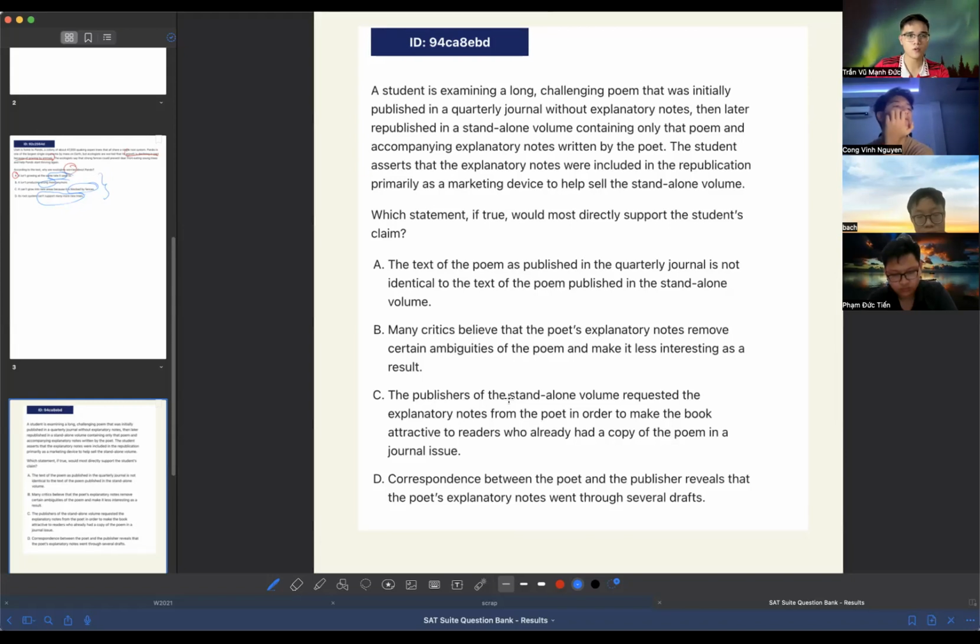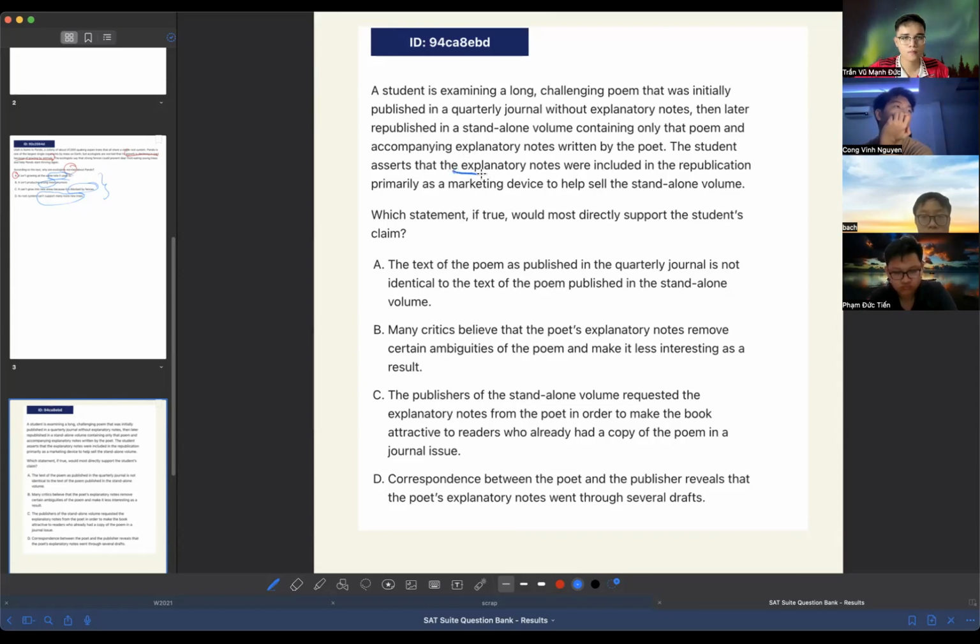But can you tell me what the claim is? The claim, explanatory notes. Can you read it out loud?